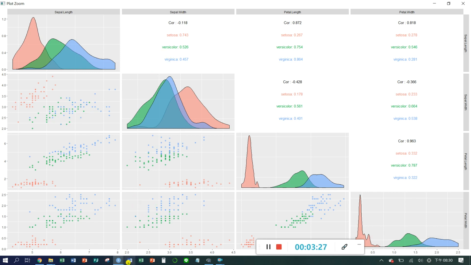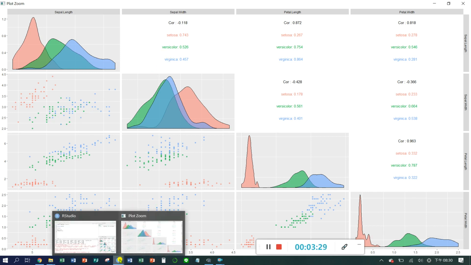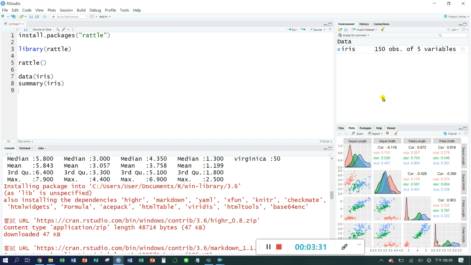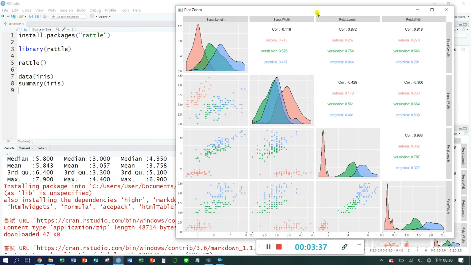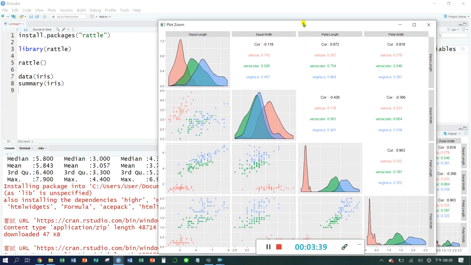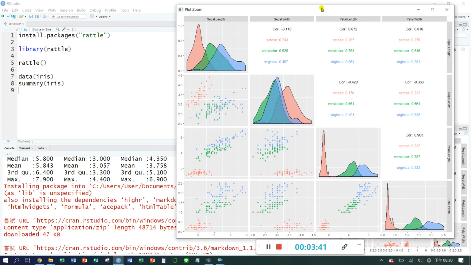So let us go back to our studio to see what is going on. Do you know how the computer draws this diagram?